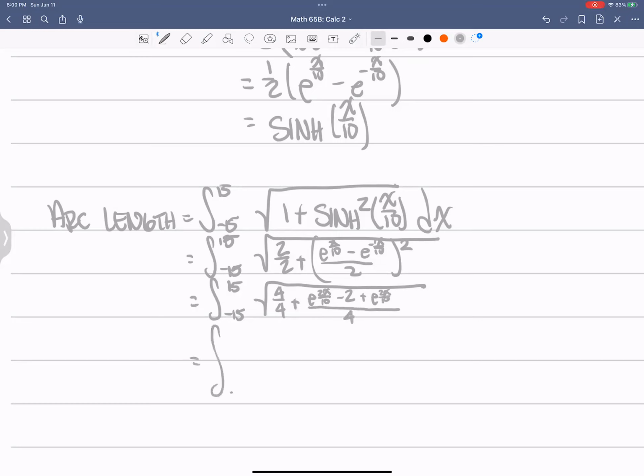The numerator is now e to the 2x over 10 plus 4 plus e to the negative 2x over 10, all over 4.